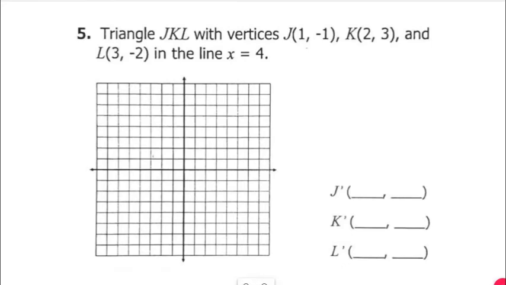Okay, so our next example, we have a triangle with the vertices J, 1, -1. K is 2, 3.